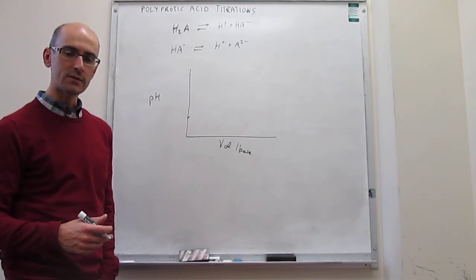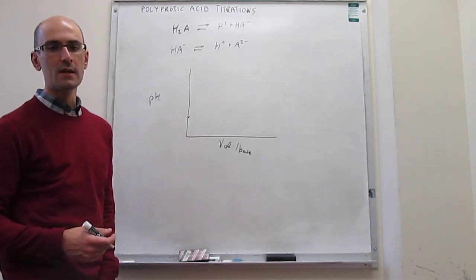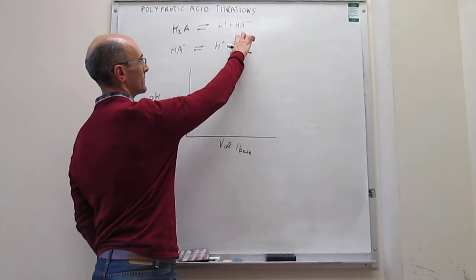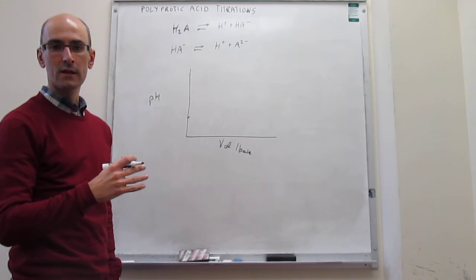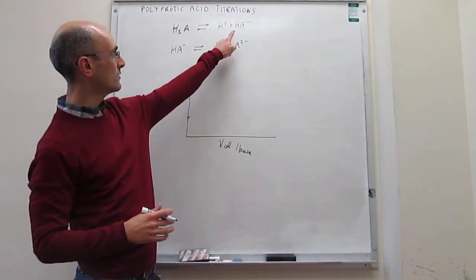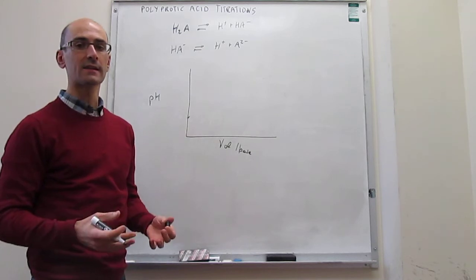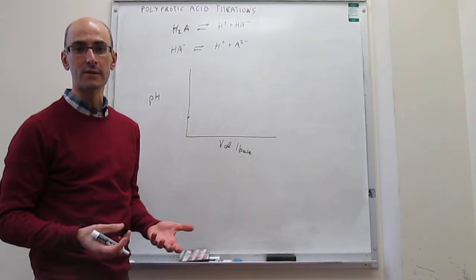Then, as you start to add base, the titrant, you're displacing the equilibrium towards the right. The amount of original acid will diminish, and the amount of the conjugate base, HA-, will increase. At exactly half the first equivalence point, you reach what is called a buffer.